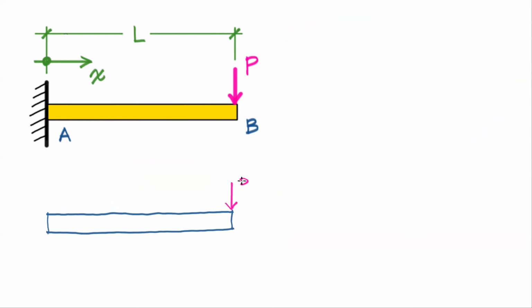Well, now I see the load P. And now I can solve A sub Y is equal to P upwards. And my moment at A, by inspection, it has to be counterclockwise to resist the tendency of the load to rotate clockwise, and it's equal to P times L.